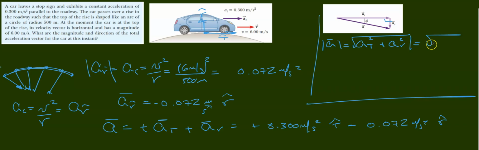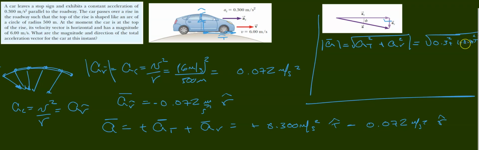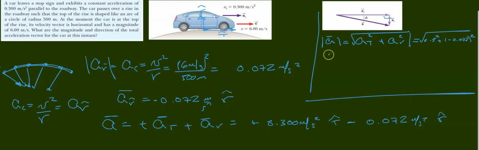So square root of 0.3 squared plus minus 0.072 squared. So there you go. And so the magnitude is 0.309 meters per second squared.